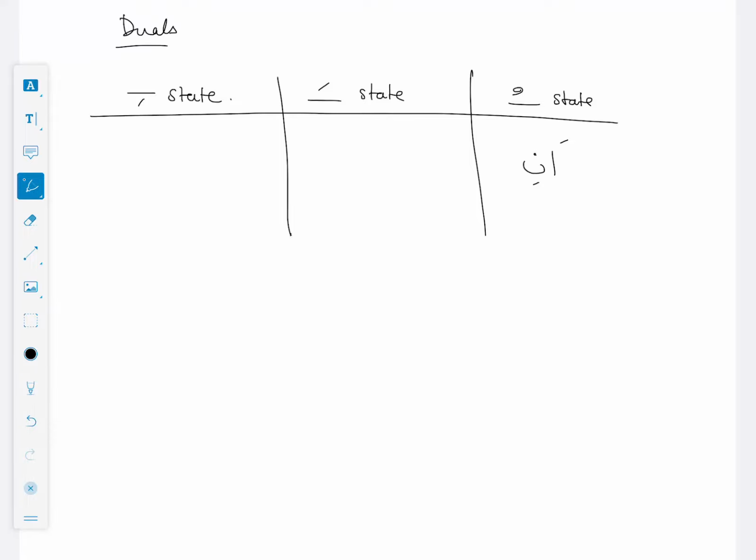The suffix to add to a word in the Fatha state is Aini, so Fatha with a Ya with a Sukoon and then a Noon with a Kasra. And a noun in the Kasra state would again be Aini. Like so.